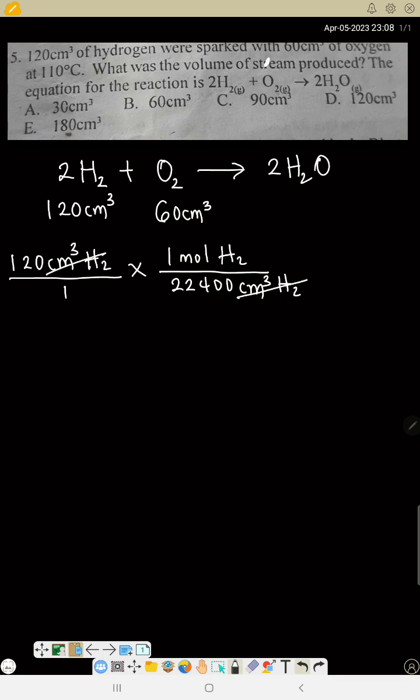So centimeter cube of hydrogen will cancel out. So what I have here is 120 divided by 22400. So that should give you 0.00536 approximately, moles of hydrogen.